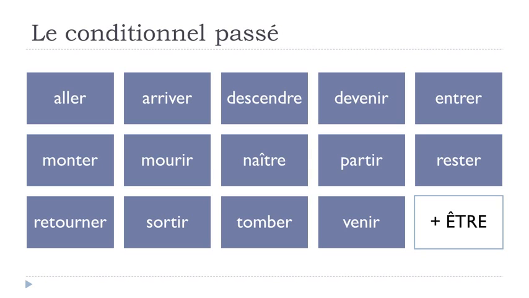Okay? So remember, one more time, aller, arriver, descendre, devenir, entrer, monter, mourir, naître, partir, rester, retourner, sortir, tomber, venir. Okay, so remember, you will have to use être with these verbs.